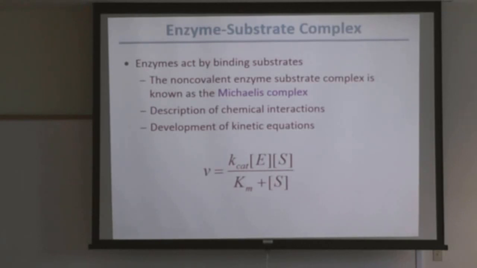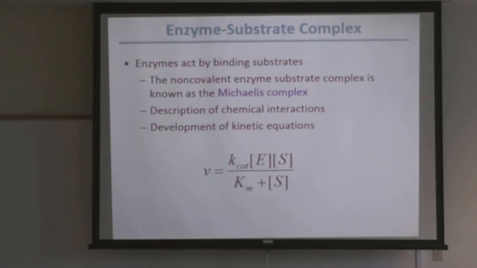And then for most reactions, that just goes on to form a product. We know the reactions enzymes catalyze are reversible, but for most of what we're going to be doing, we can look at them as irreversible.